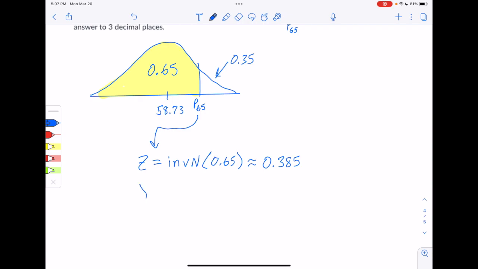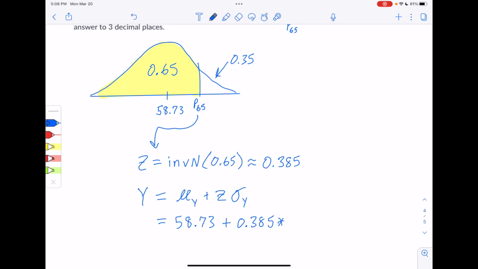To get an x value, I guess in this case, technically it is a y value, since that's the variable we're working with this time. So the y value will be our P65, and that will be mu of y plus the z-score times sigma y. So mu sub y is 58.73. We just found the z-score, it's 0.385.